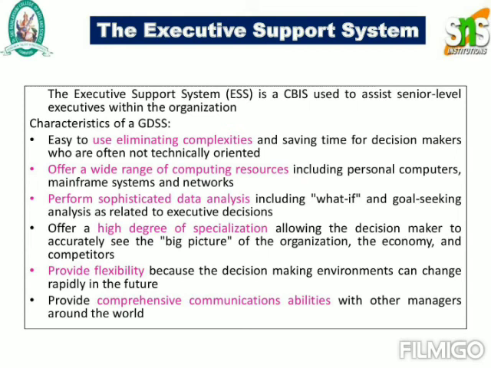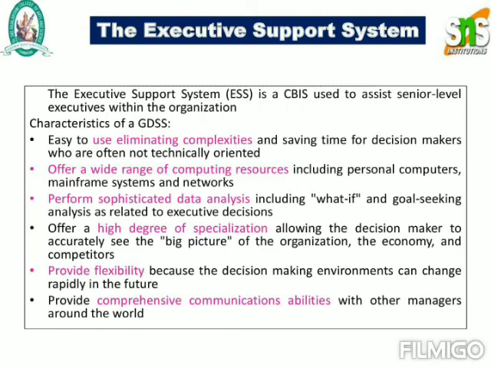Often a wide range of computing resources, including personal computers, mainframe systems, and networks. Performs sophisticated data analysis, including what-if and goal-seeking analysis as related to executive decisions. Offers a high degree of specificity, allowing decision makers to accurately see the big picture of the organization, economy, and competitors.